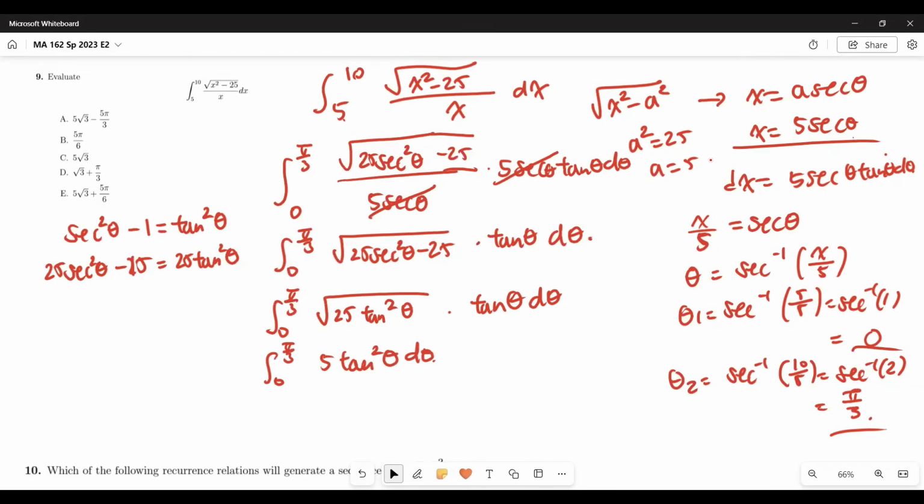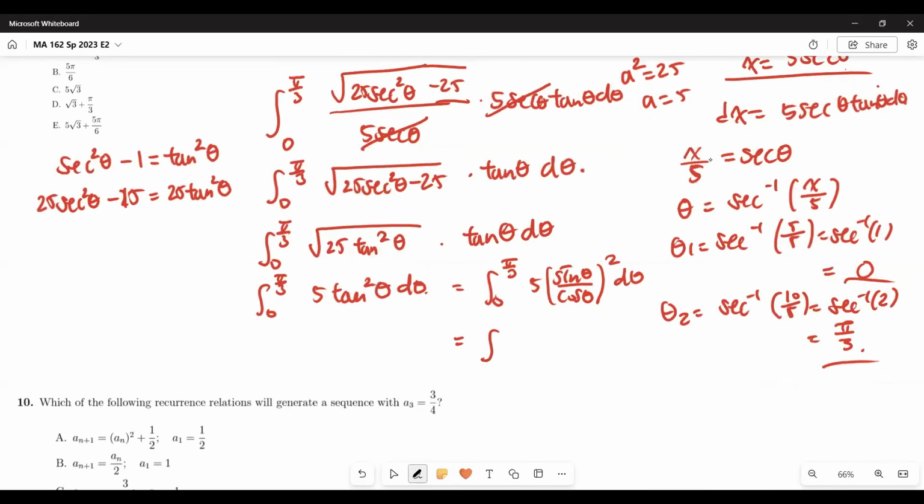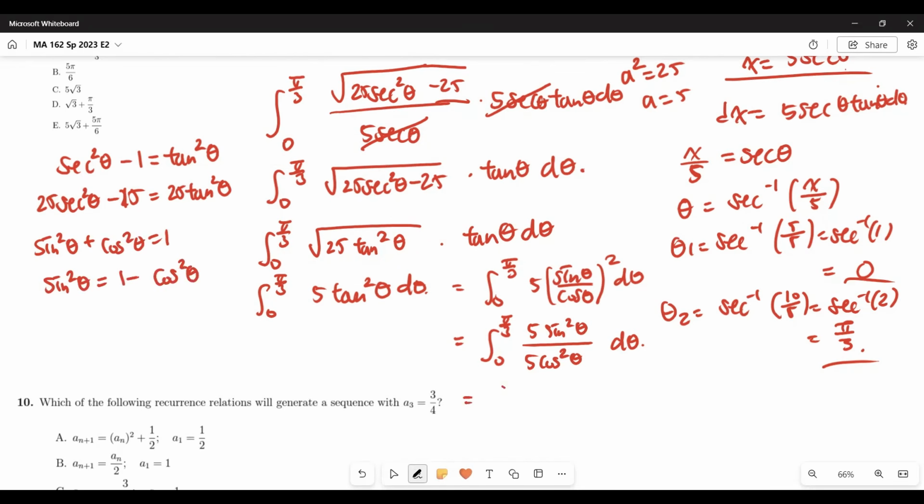And we know tangent theta is equal to sine theta over cosine theta, so we use that, and write it squared. So this becomes 0 to pi over 3, 5 sine squared theta over cosine squared theta d theta. And if you remember your trigonometry, sine squared theta plus cosine squared theta is equal to 1, so sine squared theta is equal to 1 minus cosine squared theta.